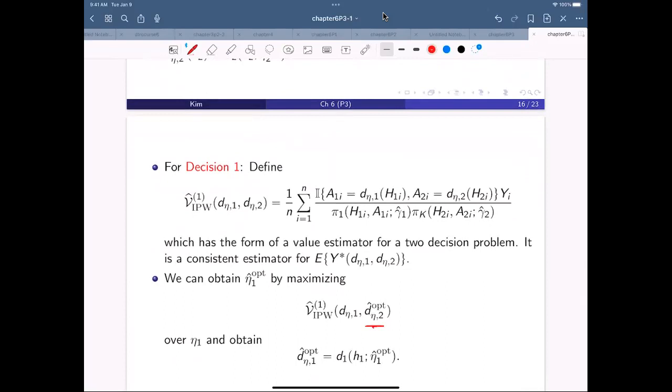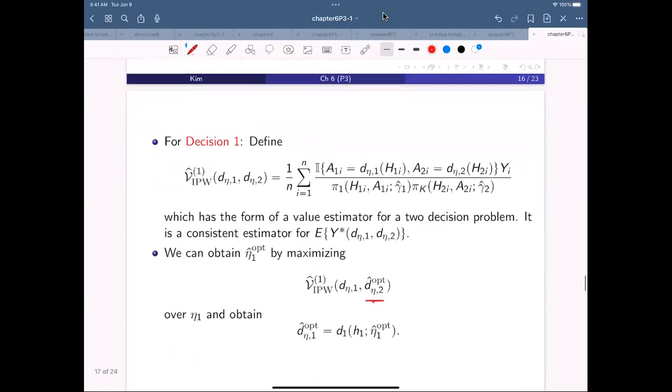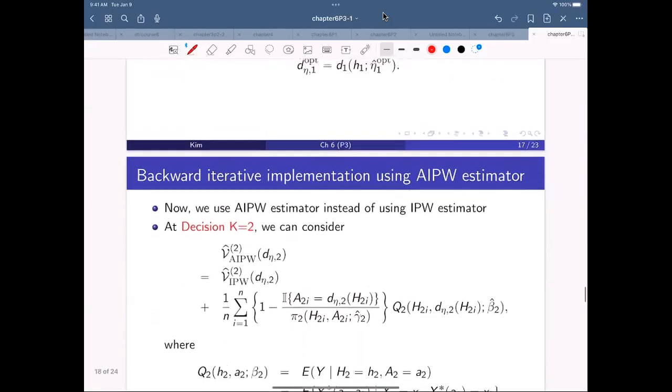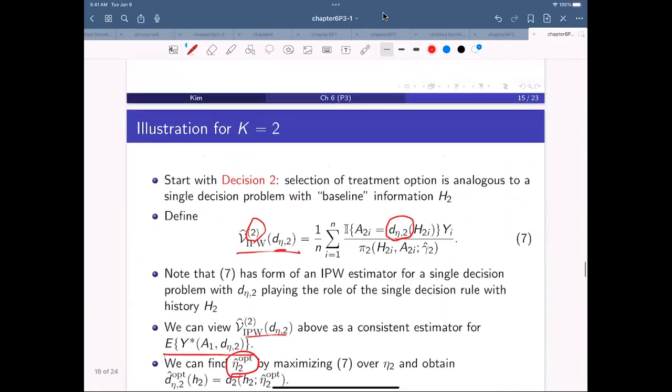So T2 first: we try to make a single decision sequentially in a backward way. If you do that, you get the two decision rules. That is IPW.